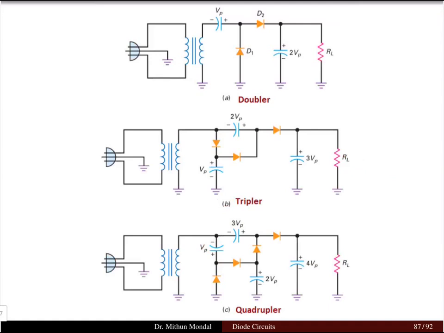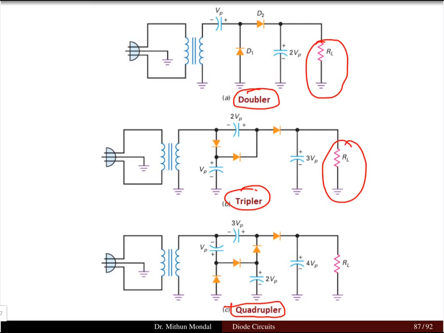If we see one circuit example compared to the previous ones we discussed, the doubler, tripler and quadrupler, here the load resistor is grounded. It is in the form of a grounded load variation, where the arrangement of the sections changes a little from the previous variations.